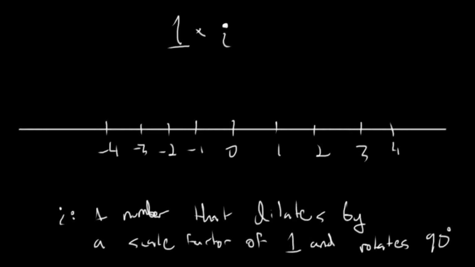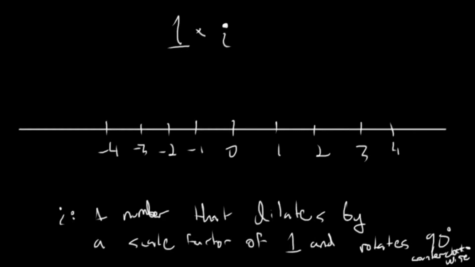Multiplying by i dilates by 1 and rotates a number outside of the real number line 90 degrees. Which direction is that going to be? Counterclockwise. So multiplying by i dilates by 1 and rotates 90 degrees counterclockwise outside of the real number line.